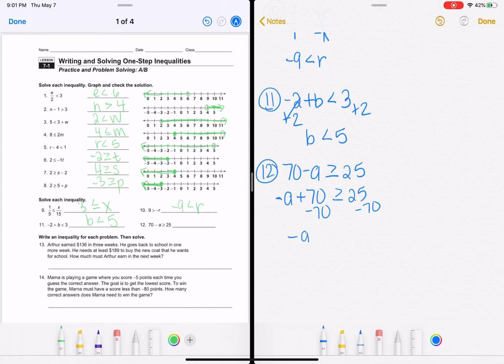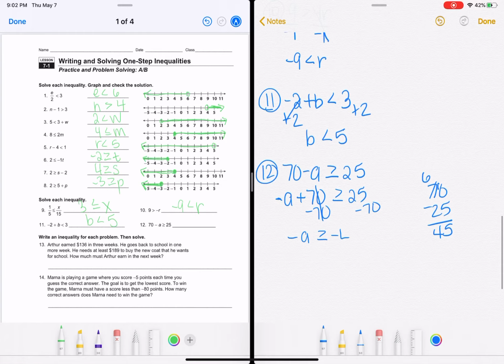So I have -a is greater than or equal to 25 minus 70, which is -45. Divide both sides by -1 because that's the number in front of a. Reverse the inequality symbol. So a is less than or equal to 45.